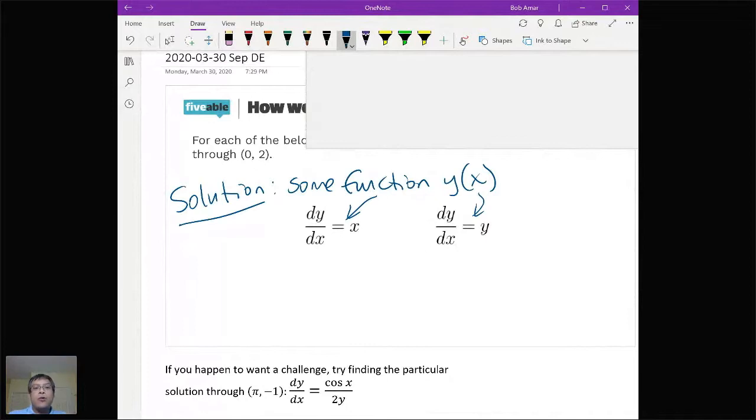Okay, so let's look at the one on the left first. This is a function y where dy/dx equals x. So in other words, the derivative of y with respect to x is itself x. And so typically what we do in this case is we integrate both sides with respect to x to recover the y.